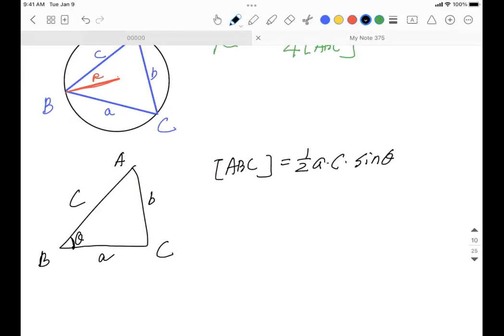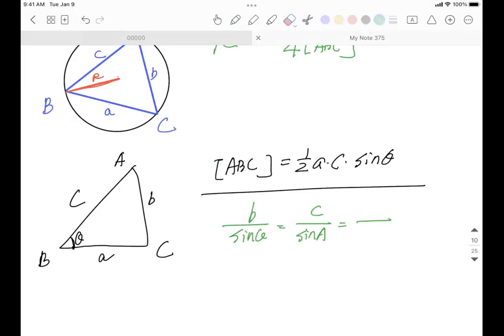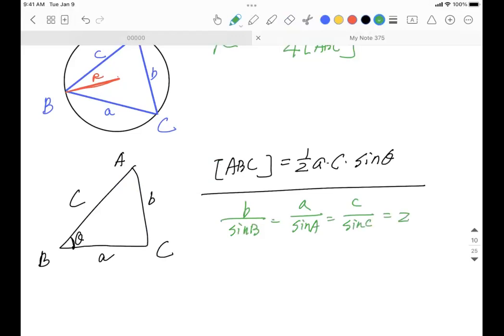So we all know this is using the definition to determine the area. And we also know the sine law: A over sine A, B over sine B, C over sine C equals 2R.